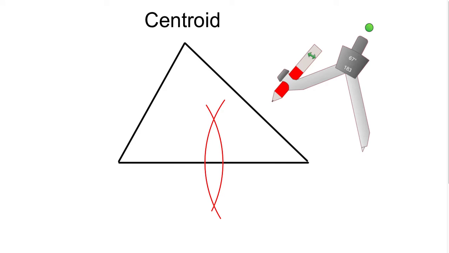Again, we just really care about where these points intersect with the side. So you can see I found where the line would be between these two points, where the two arcs intersect. And I draw a point where that imaginary line intersects with the side.